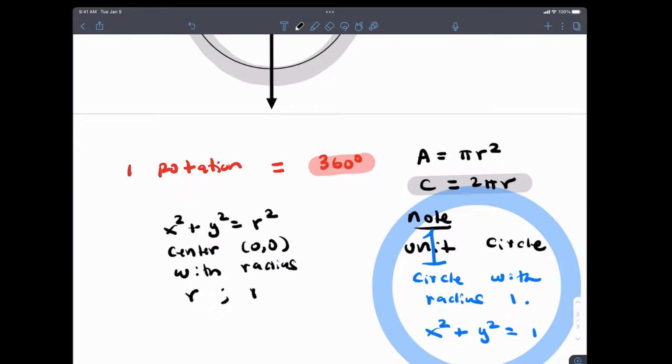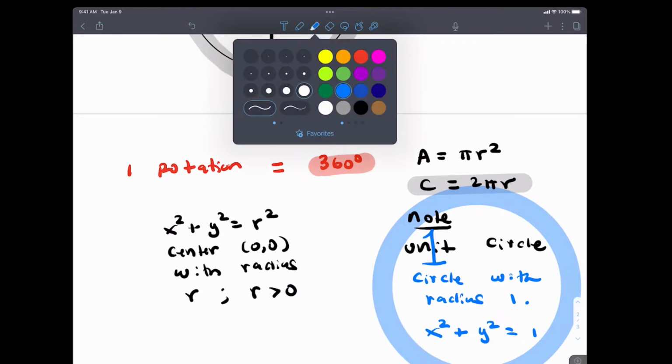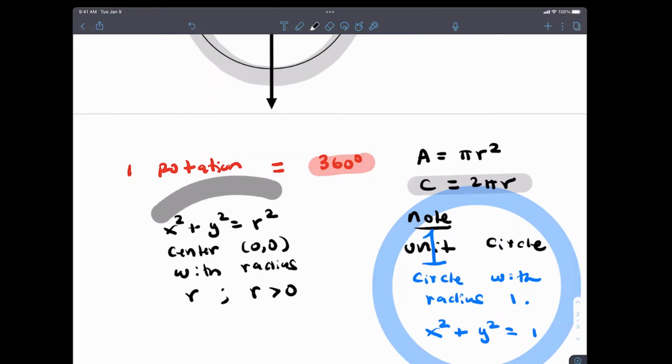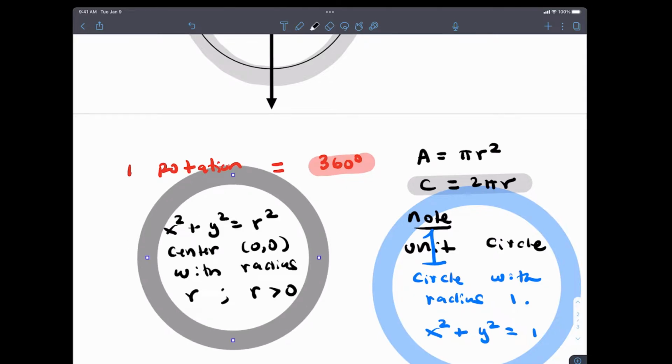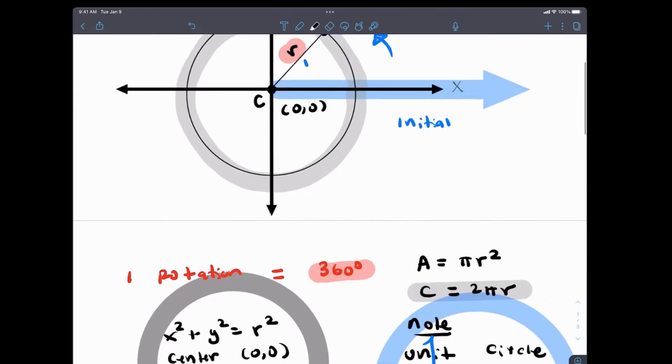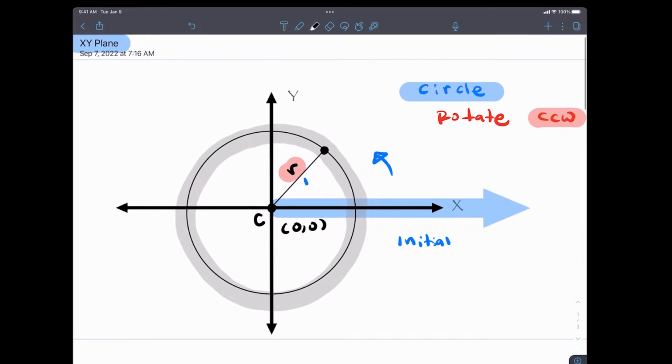And again, r is always positive for a circle. We have these general ideas and general notes for a circle. Pretty good stuff. So we're getting some good information about a circle, about a unit circle, and everything we know about circles here. You guys okay with that? Pretty simple?